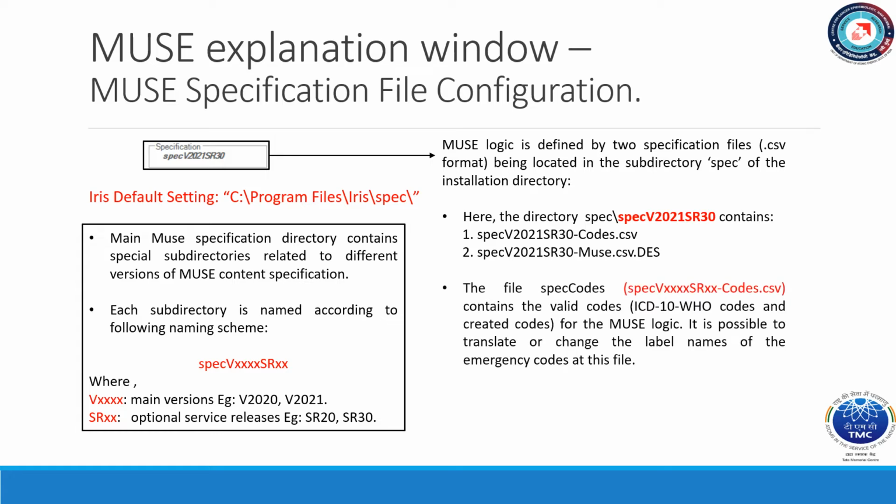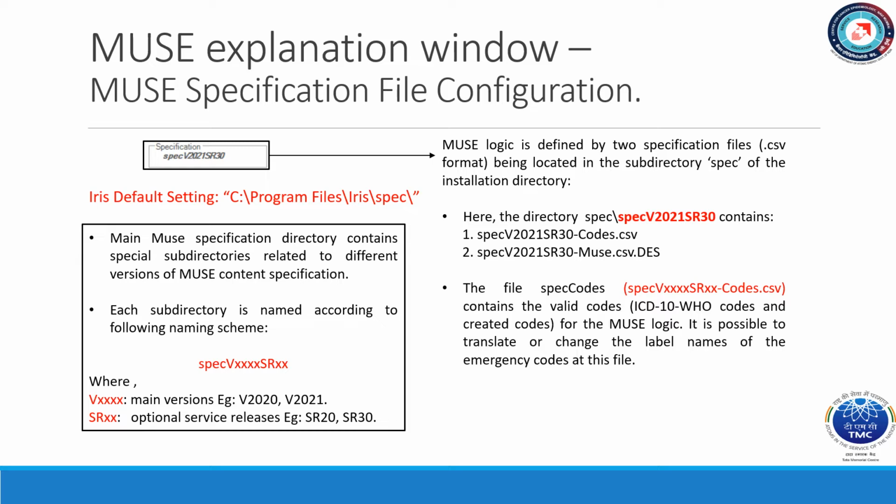The Muse spec codes file contains the valid codes, like ICD-10 WHO codes and created codes for Muse. It is possible to translate the label name or to change the label name of the emergency codes in this file.